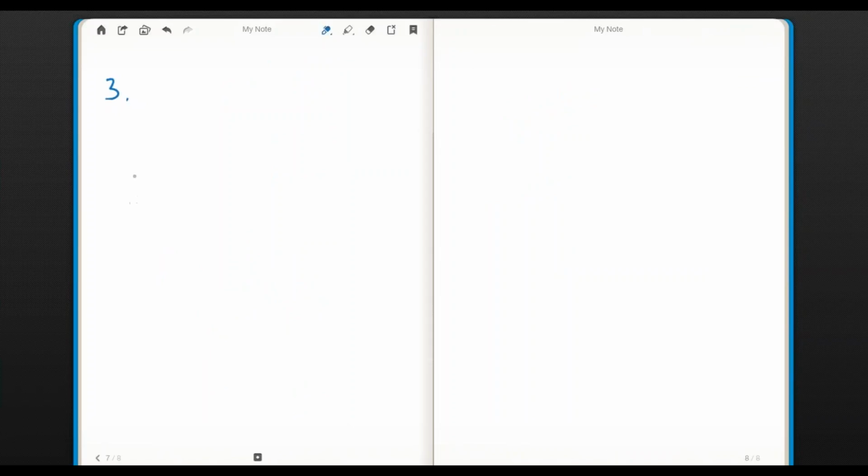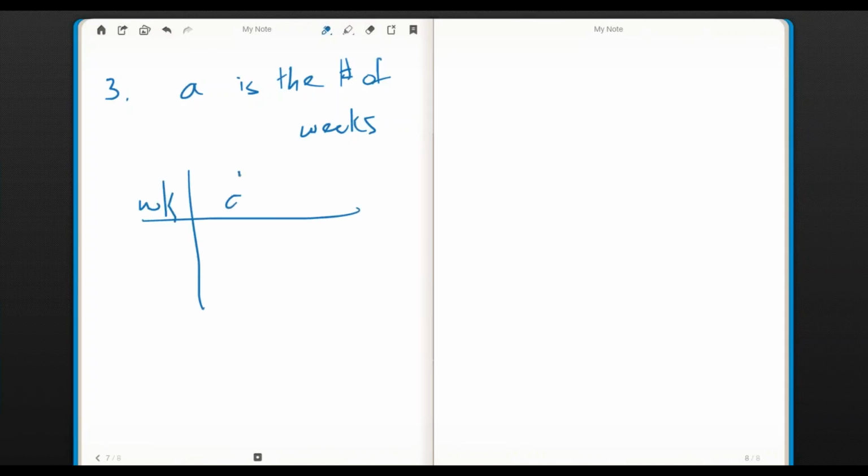Number 3, write down an expression for the number of days in A weeks. A is the number of weeks. So if I have weeks and days, if I have 1 week, I have 7 days.